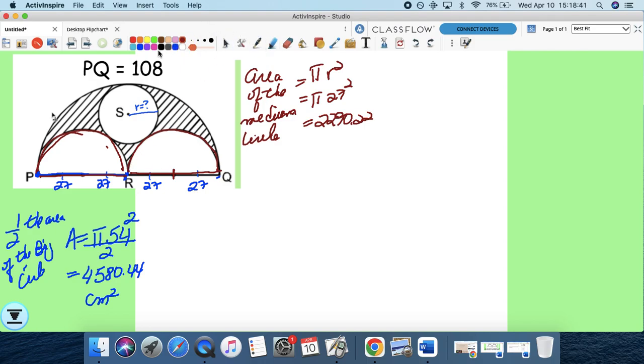One thing that might help us: from P to Q is a diameter, and that's 54. I'll put it in green. From R, which is the center of our circle, that's also the radius, and I can call that 54.